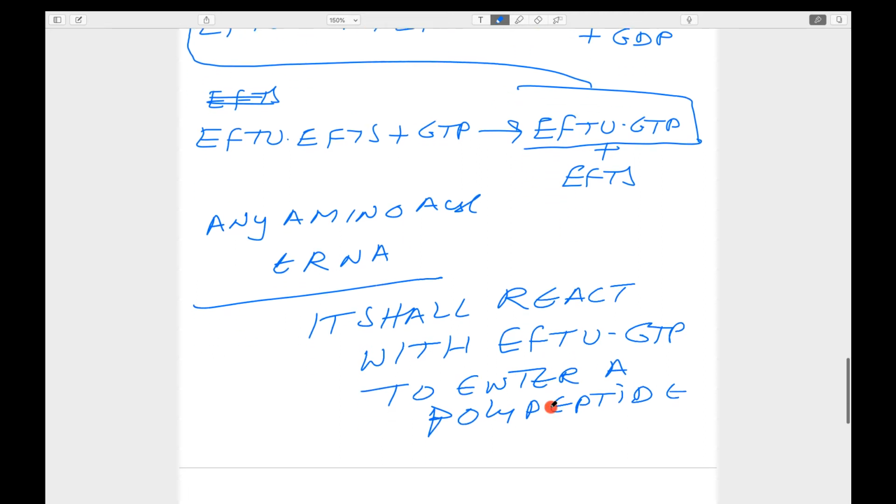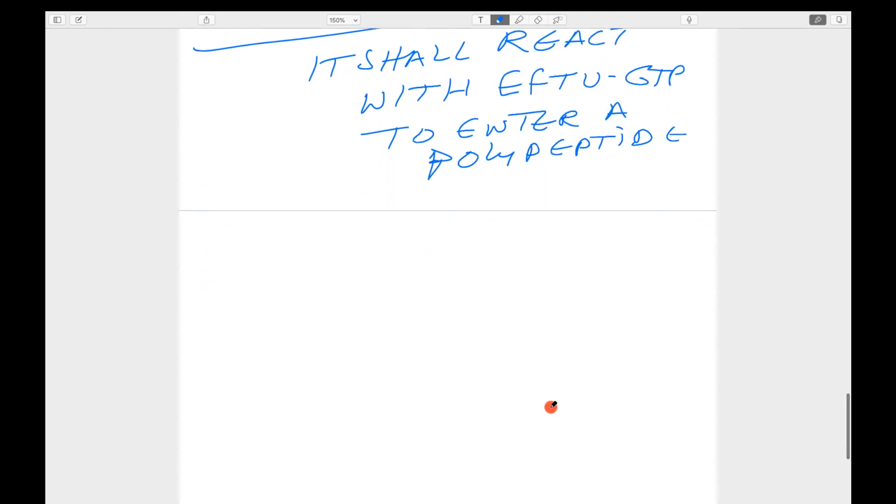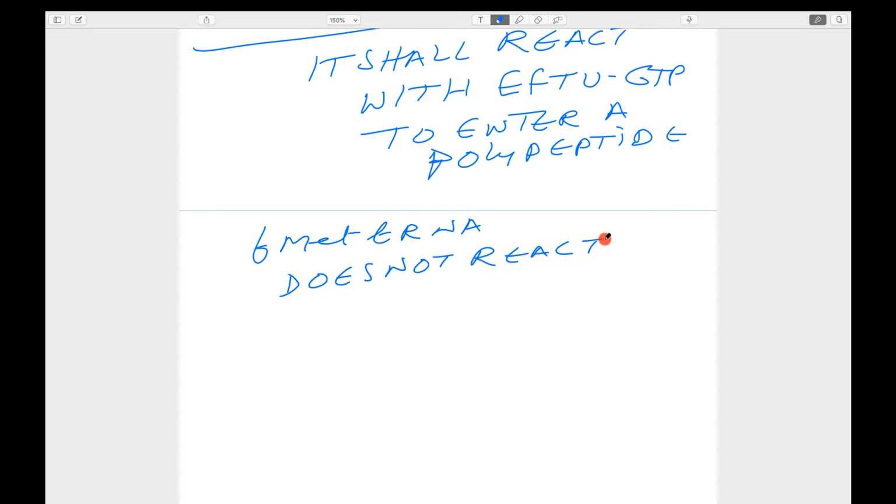Then one thing we have to see in bacteria: the formyl methionine transfer RNA does not react with EF-Tu GTP.